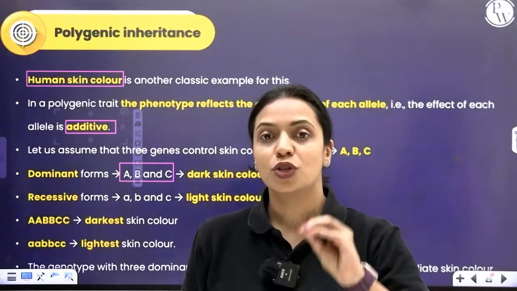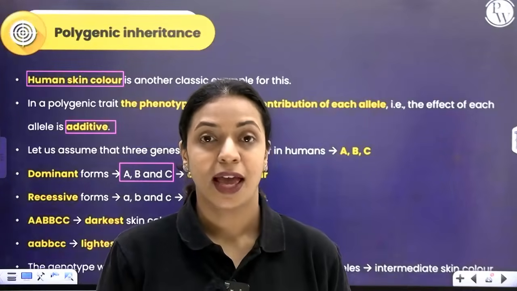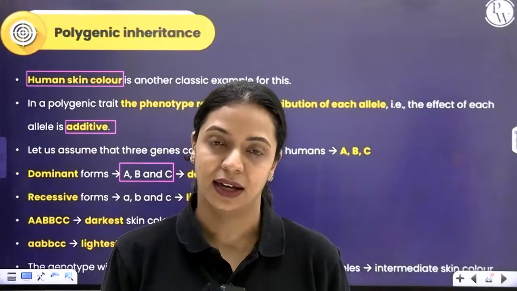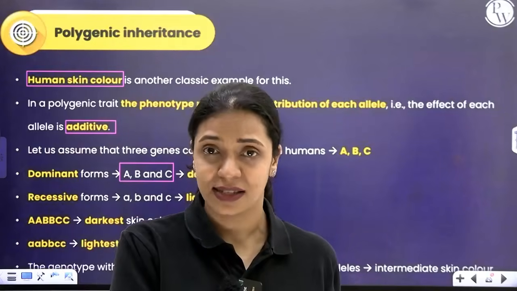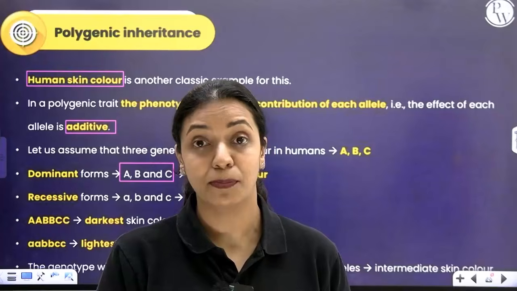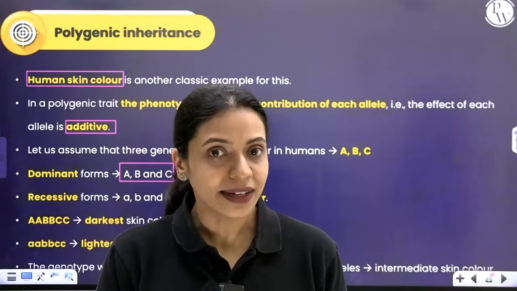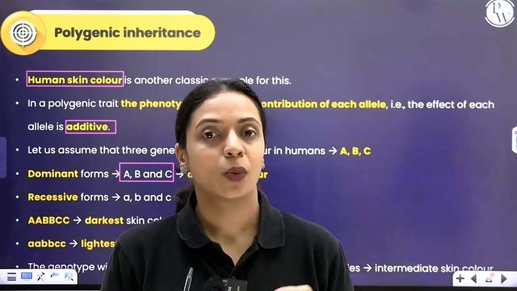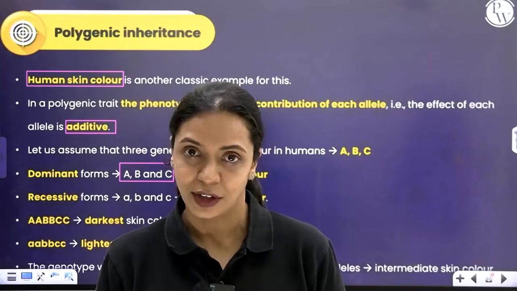The contribution of each allele will matter. If you have more dominant alleles, that's going to be the darkest skin color. If you have the least dominant alleles or all recessive alleles, then that is going to be the palest skin color. Here it doesn't matter whether A is dominant, B is dominant or C is dominant. What matters is how many alleles are dominant.